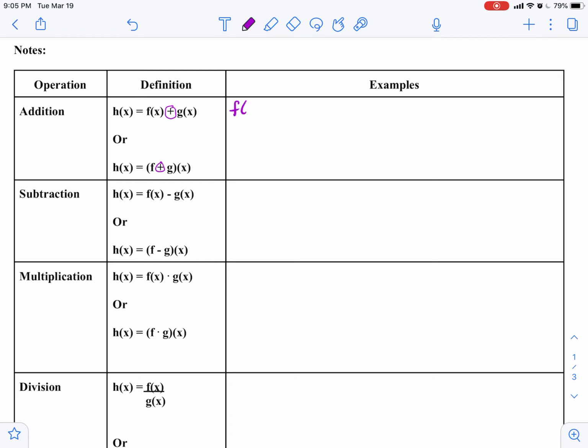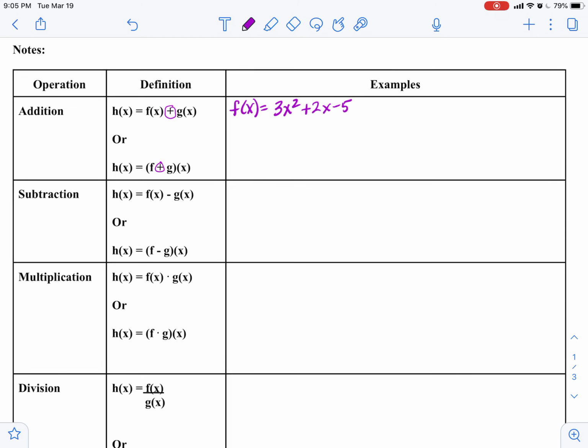I'm going to write you a couple of functions. f of x is going to be my first one, and we'll do 3x squared plus 2x minus 5, and then we'll call g of x x squared minus 3x plus 2, something very easy.